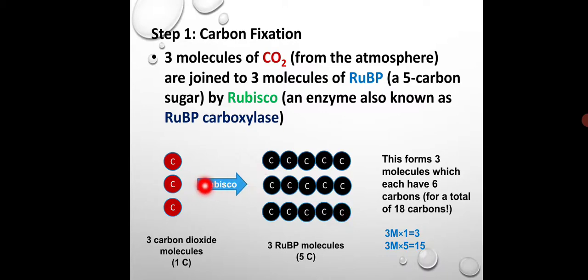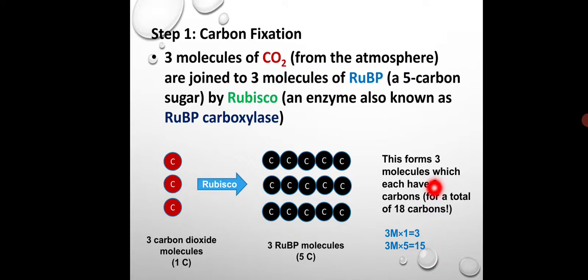And this RuBP is present in the plant cell, which combines with the atmospheric carbon and converts it into a 6 carbon compound, which is not stable. That unstable compound immediately splits into 2 compounds containing 3 carbon atoms.